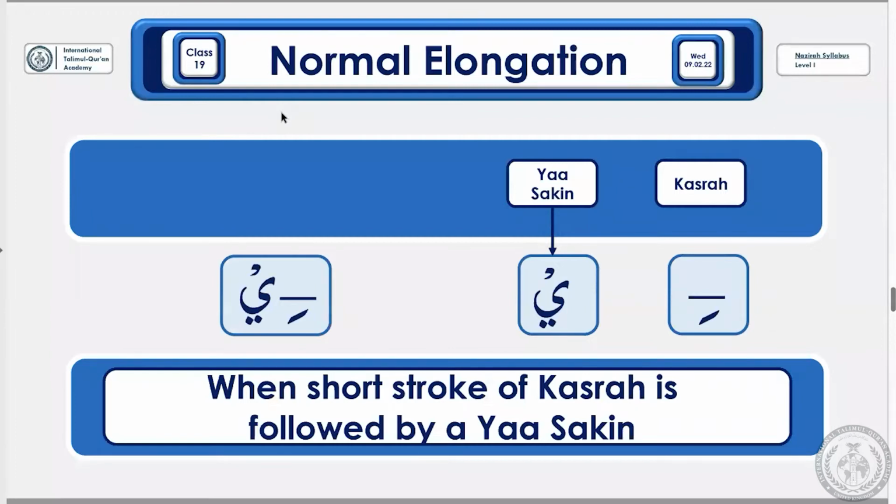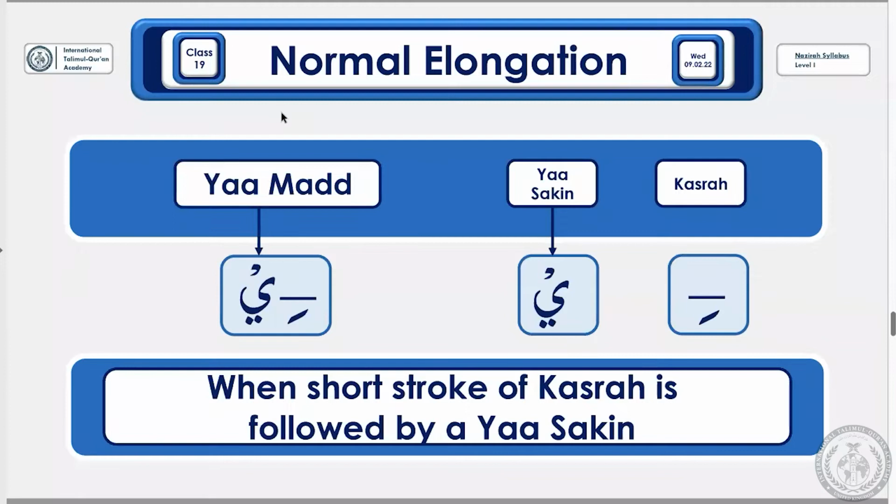Now, when the short stroke of kasra is followed by a ya sakin, as you can see in this box on the left, where we have a letter with a kasra followed by a ya sakin, that ya sakin is now known as a ya mad. Before it was known as ya sakin simply because it was on its own, but now because the letter before it carries a kasra, we now refer to that ya sakin as ya mad.